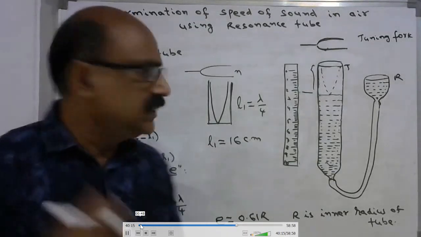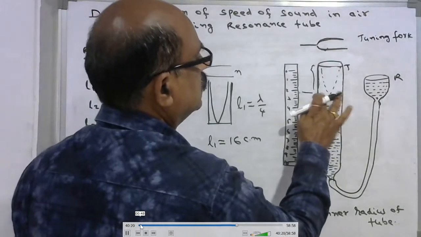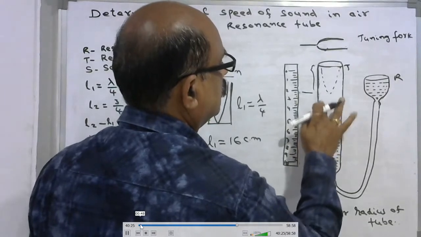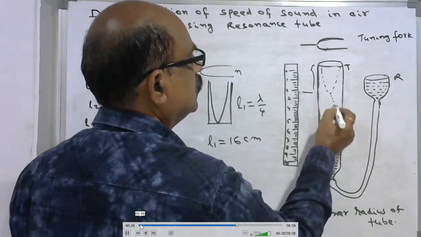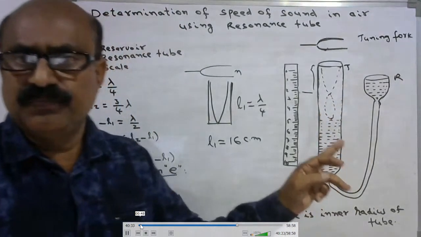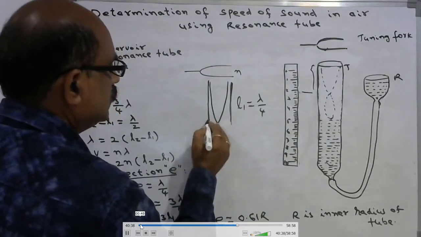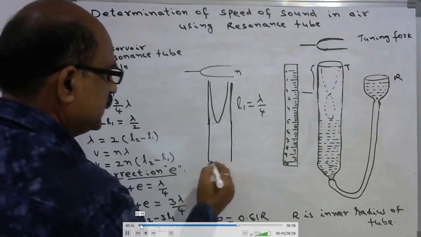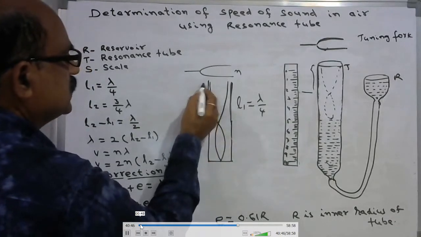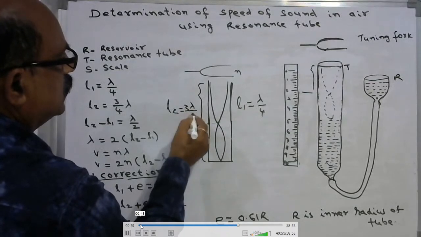And if you lower the reservoir, you can decrease the level of the water in the tube, and at a particular position you will get another stage where you will get a loud sound. In this case, we will get a stationary wave like this, and this length corresponds to L2 equal to 3 lambda by 4.